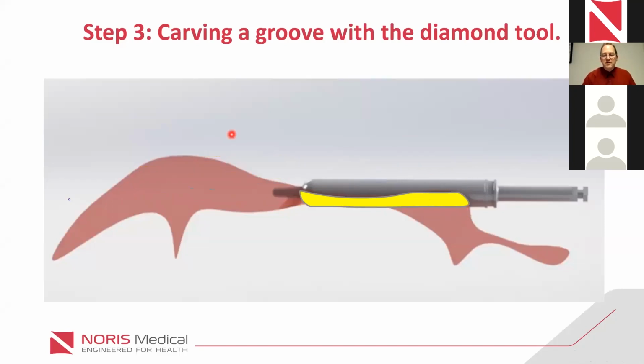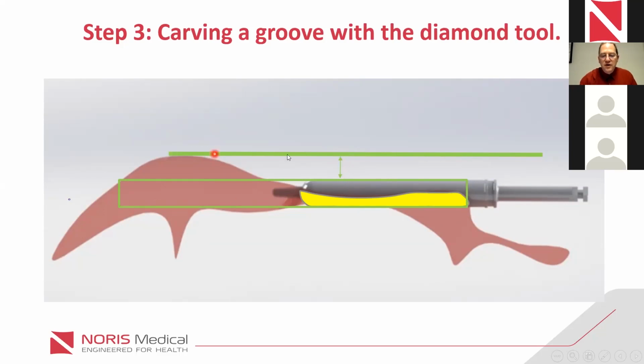Okay, I'll repeat myself. When we have the diamond, let's start from here. The diamond makes a groove on the bone to the trajectory we want the implant to go. Let's say this is where we want to be. The green implant is where we want to be. The ability for us to know that this is the right position is the distance here.